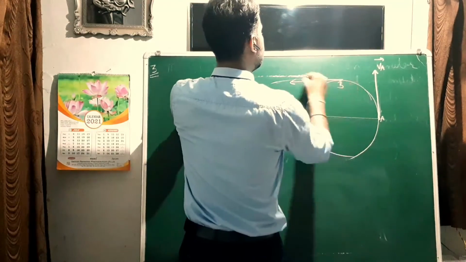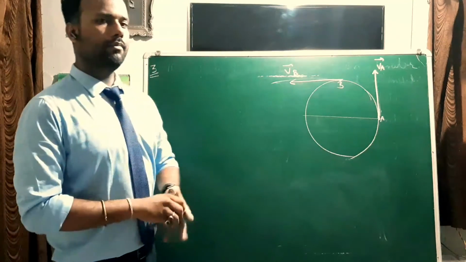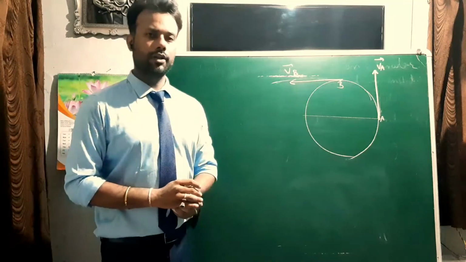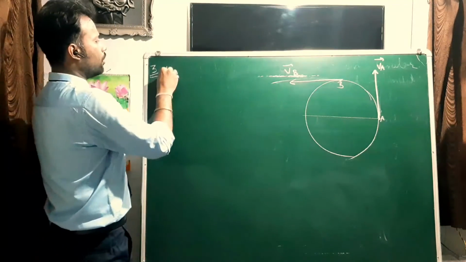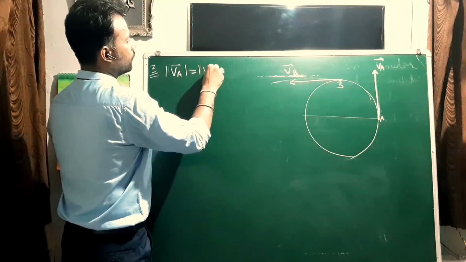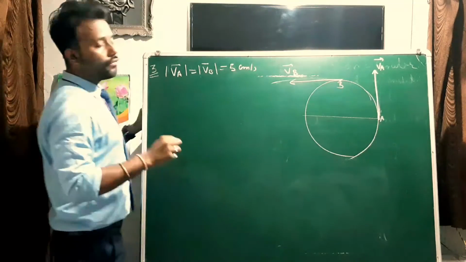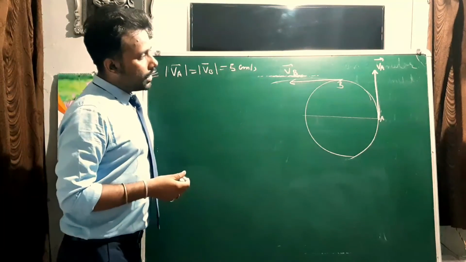Let's say this is point B and this is VB, but the magnitude is the same, that is 5 cm per second. So we have mod of VA equals mod of VB, which is 5 cm per second. Now we have to find the change in velocity.